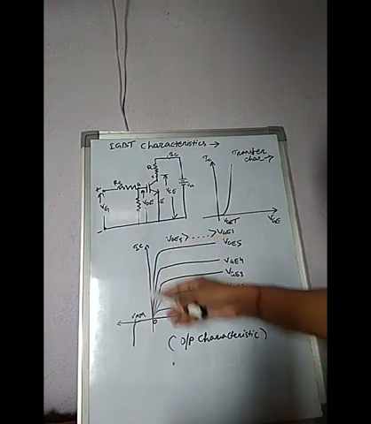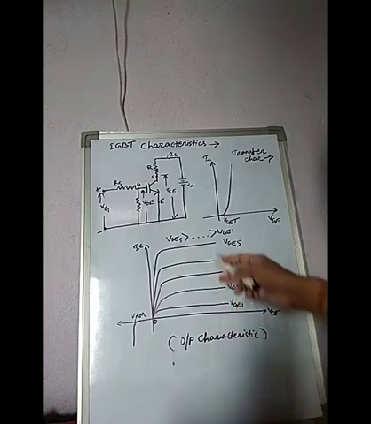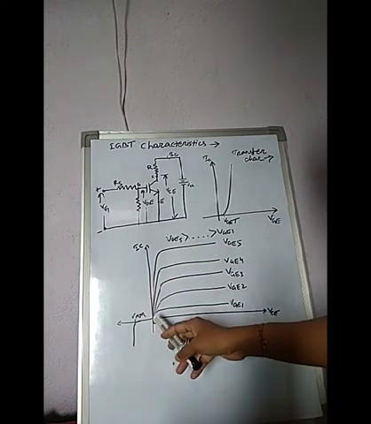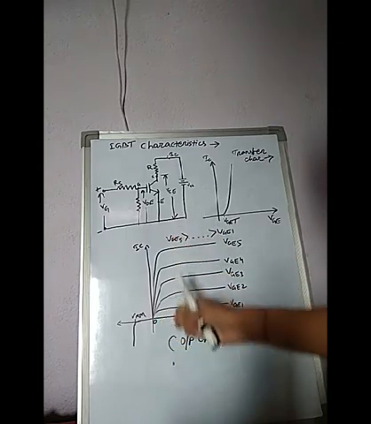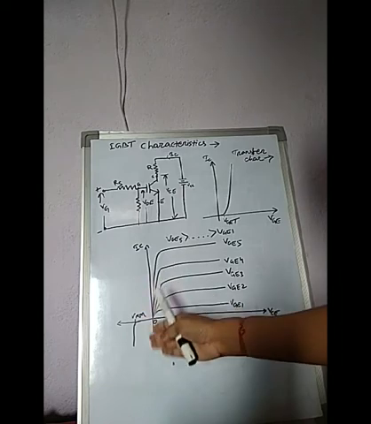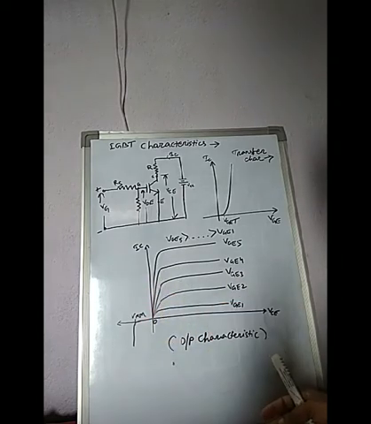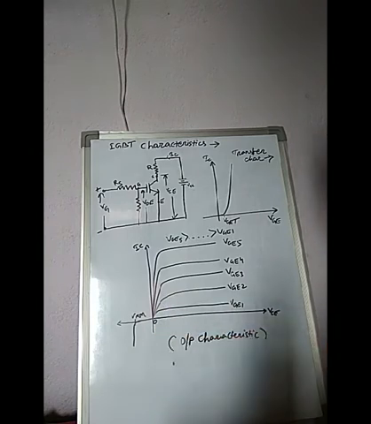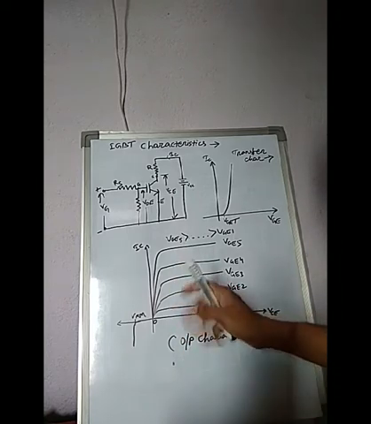This is the output characteristics graph. This is the forward characteristics, this is the reverse characteristics, where this device can withstand the reverse voltage up to a certain limit, which is known as peak reverse repetitive voltage. Beyond this voltage the current rises drastically, and at this point the device will break down in the reverse direction and it may destroy the device.